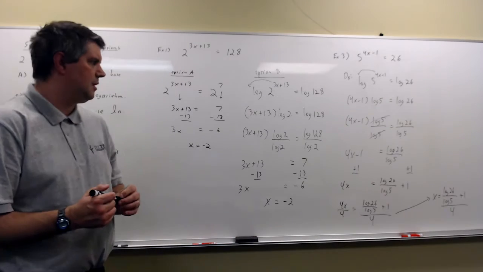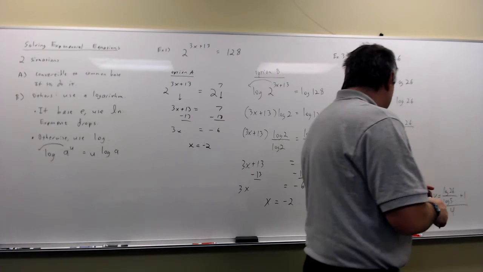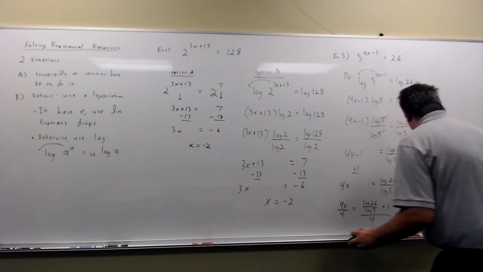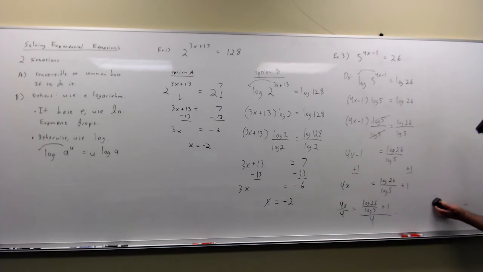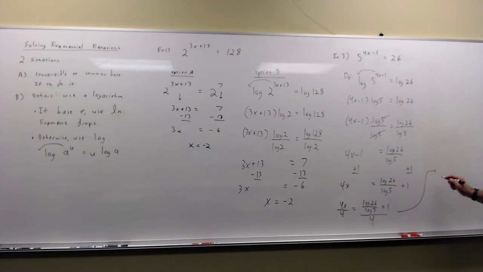Put another way, let me go ahead and move that up a little higher. X equals log 26 over log 5 plus 1 over 4.